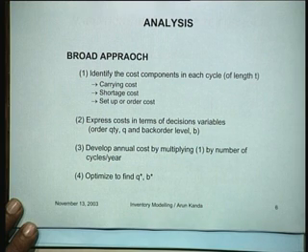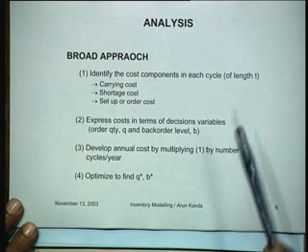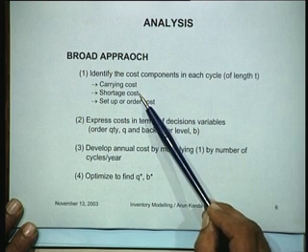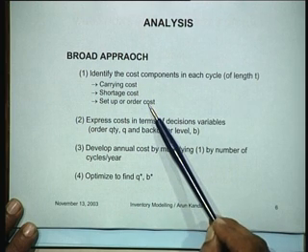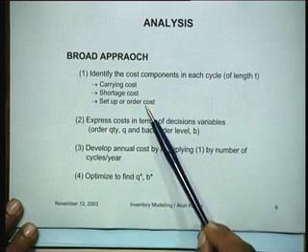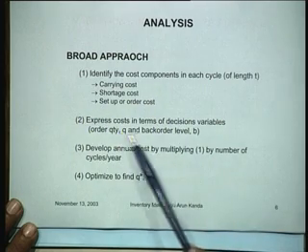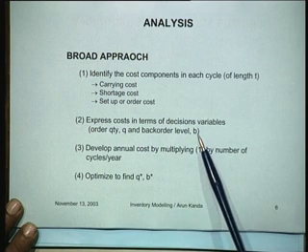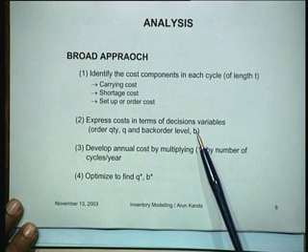So you look at one particular cycle, and during that cycle t you identify what is the carrying cost, what is the shortage cost, what is the setup cost for that particular order. Having identified these costs, you express the costs in terms of the decision variables, which are order quantity Q and the back order level B.